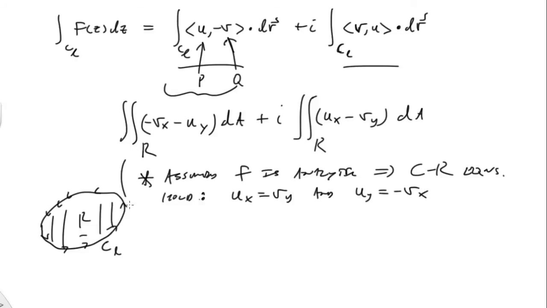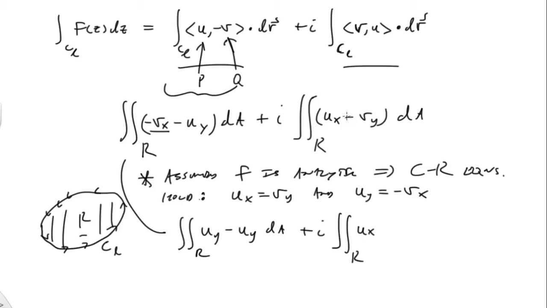So with these integrals, we can replace negative vx with uy, so we get the double integral over the region of uy minus uy dA, plus i times the double integral over the region of ux minus, and vy is ux, so that's ux, dA.